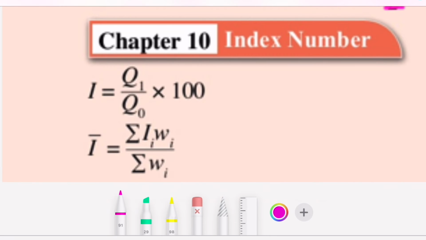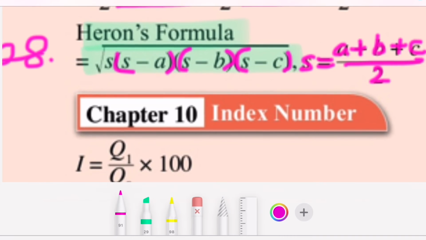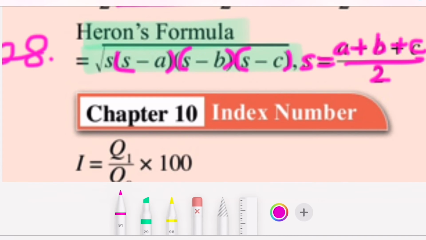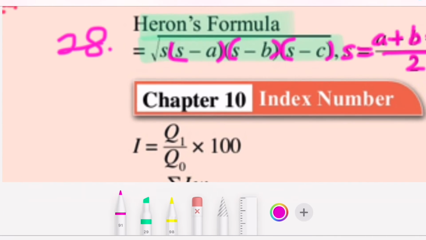A plus B plus C is the total length. We call it the perimeter of the triangle, and we have to divide by 2 to get S. This is called Heron's formula. Heron's formula is a new formula, okay?